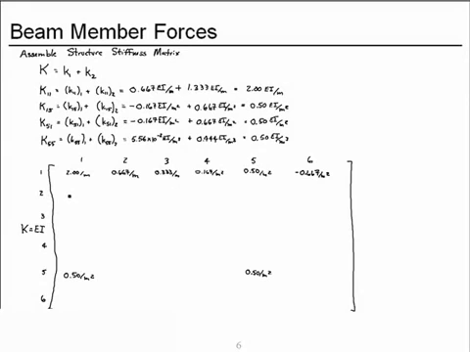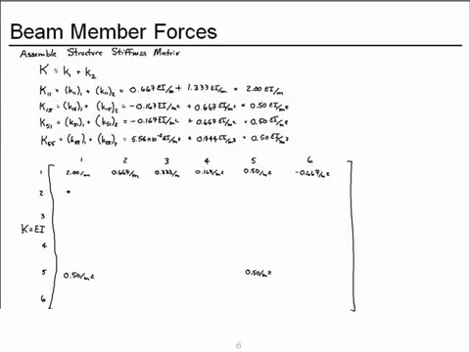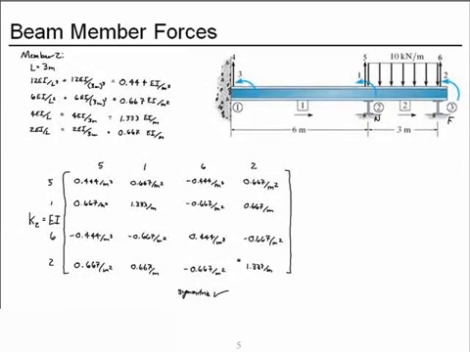Then row 2. Row 2, column 1 comes only from member 1. 2,2 comes only from member 2, since only member 2 connects at the node with degree of freedom 2.